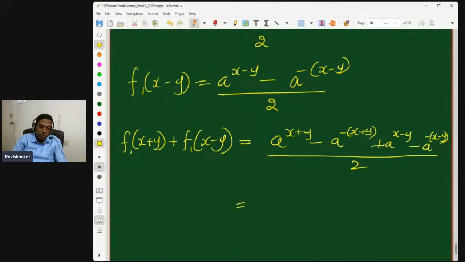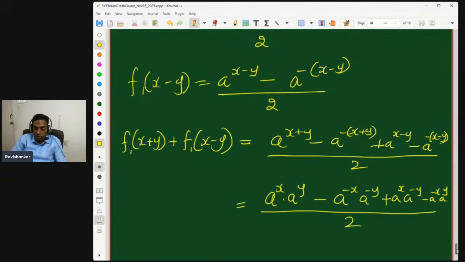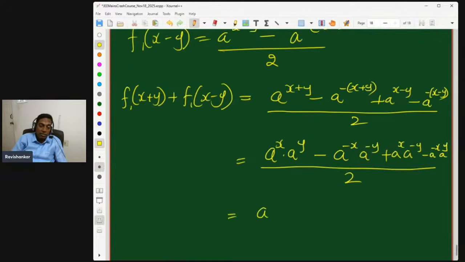And you can write this as a power x, a power y, minus a power minus x, a power minus y, plus a power x, a power minus y, minus a power minus x, a power y, the whole by 2. Why do I write it like this? Because I want to take a power x common between these two.